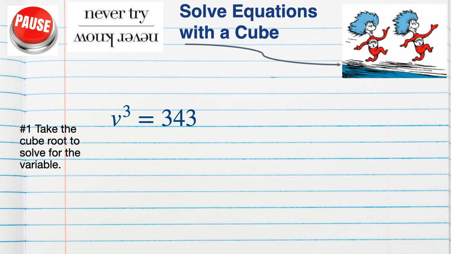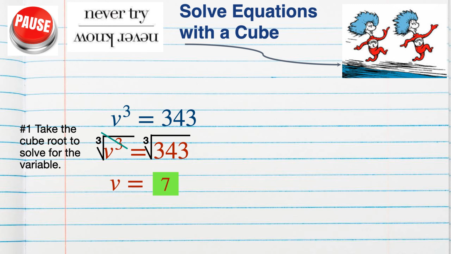And did you identify the exponent? Yep, it's a cube. All right, so did you take the cube root to solve for the variable? If you did, and you simplified, did you get 7? If you did, congratulations, you did it. See, I knew you could.